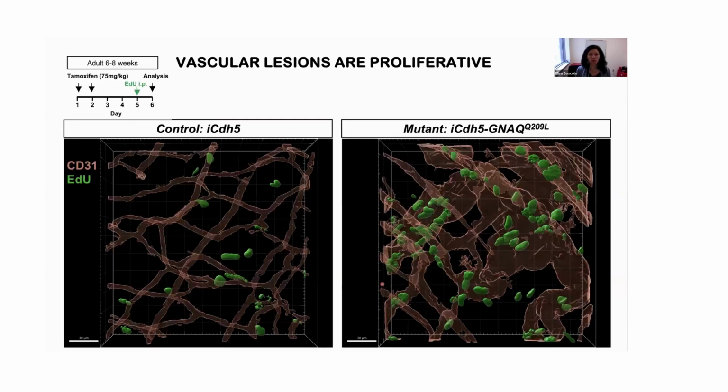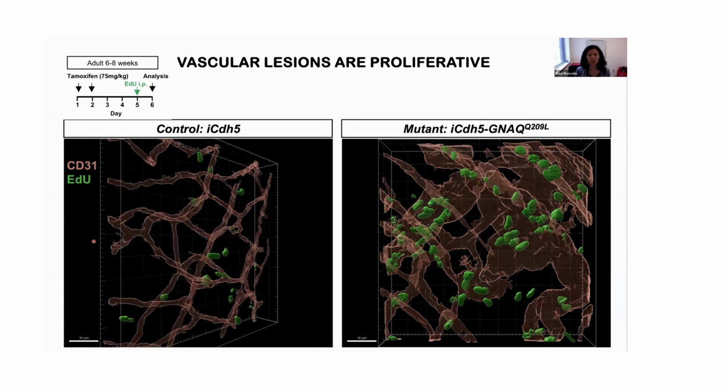We next wanted to know if those vascular lesions were proliferative, and if hyperproliferation was really what was driving enlargement of these blood vessels. To do so, we administered control and mutant mice with EdU 24 hours before analysis. Here you can see that in control mice on the left, in maroon, there is labeling for CD31, and in green, the EdU positive nuclei.